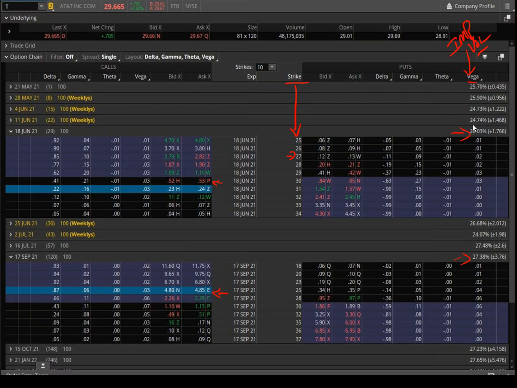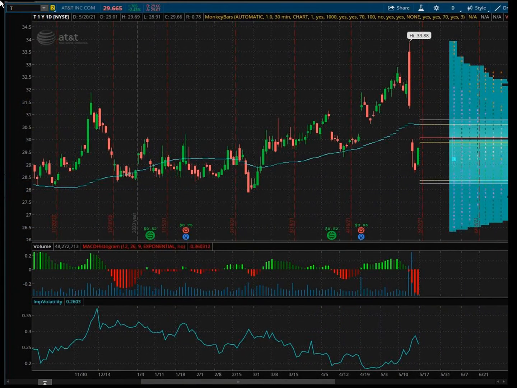We need to know where AT&T's implied volatility, or Vega, has been for itself, because just like swing trades, the implied volatility will have swing type moves. So we need to know where this number, this 26, 25-ish area, is in relation to where the implied volatility for AT&T has been in the past, because they all have specific ranges they have a tendency to get stuck in.